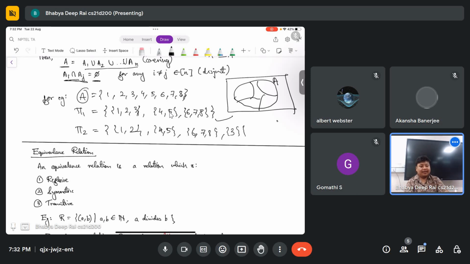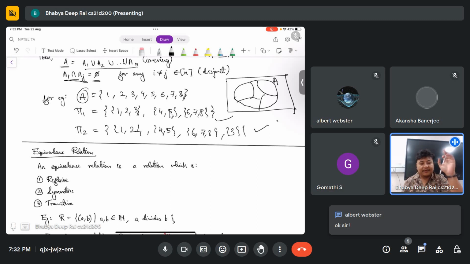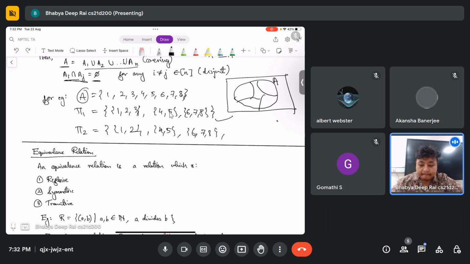This is a partition because it is covering. If you take the union, you get 1, 2, 3, 4, 5, 6, 7, 8. And if you look at the intersection, they do not share any elements with each other. So it is perfectly fine. Yeah, okay, Albert.